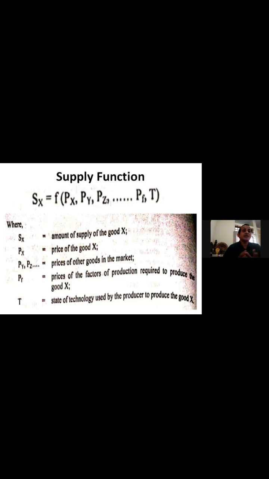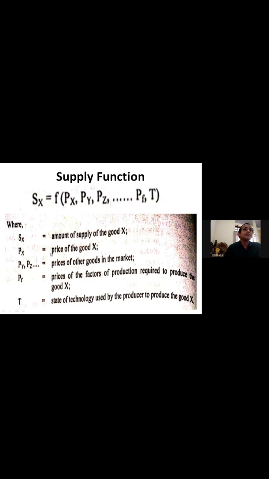Now we'll see what the supply function says. The supply function has a formula like Sx equals F of Px, Py, Pz, PF, T. First, Sx means the amount of supply of good X. F is the function.